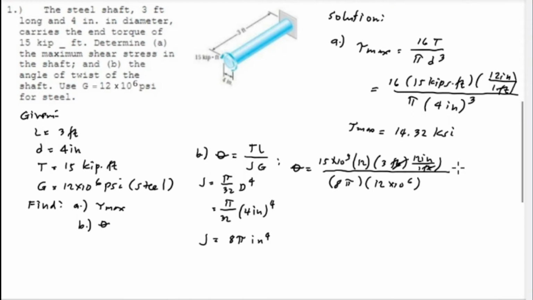convert the angle to radians, where 180 degrees is equal to pi.